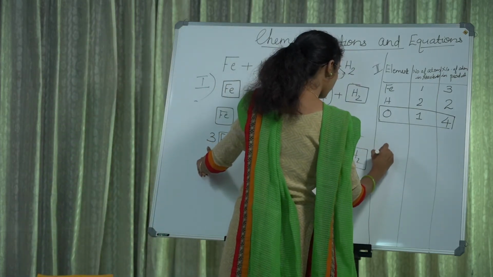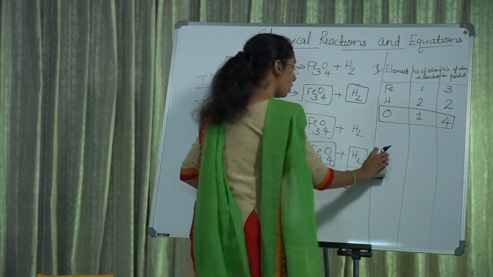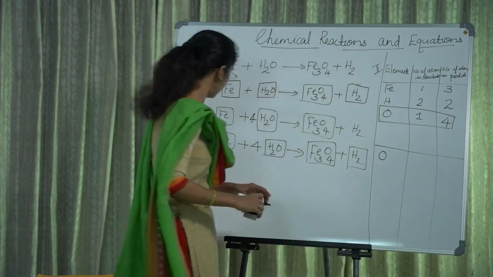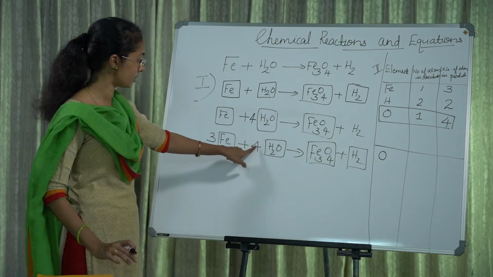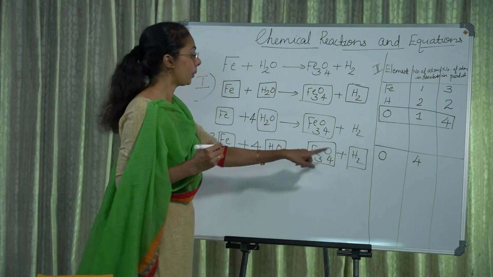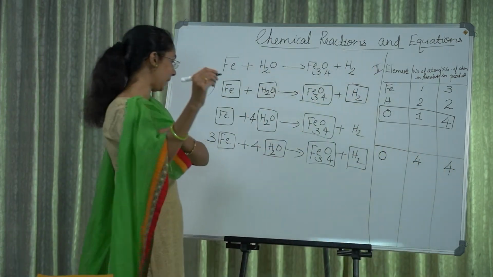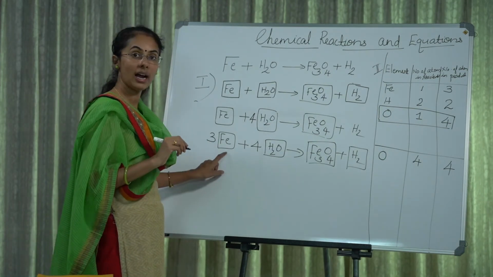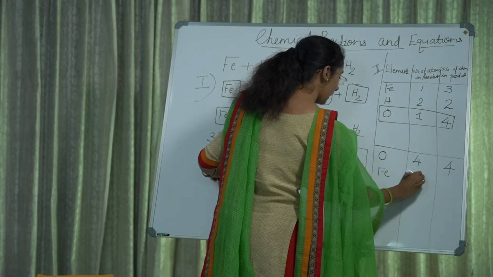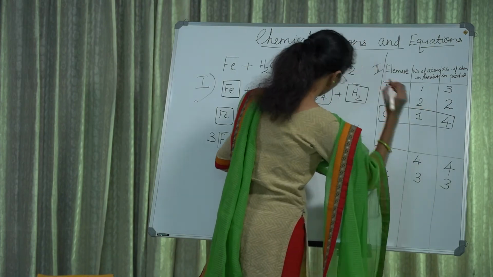In the case of oxygen, the reactant side number of atoms is 4, then the product side number of atoms is 4. Okay. In the case of iron, Fe, number of atoms 3. Then here also number of atoms 3.